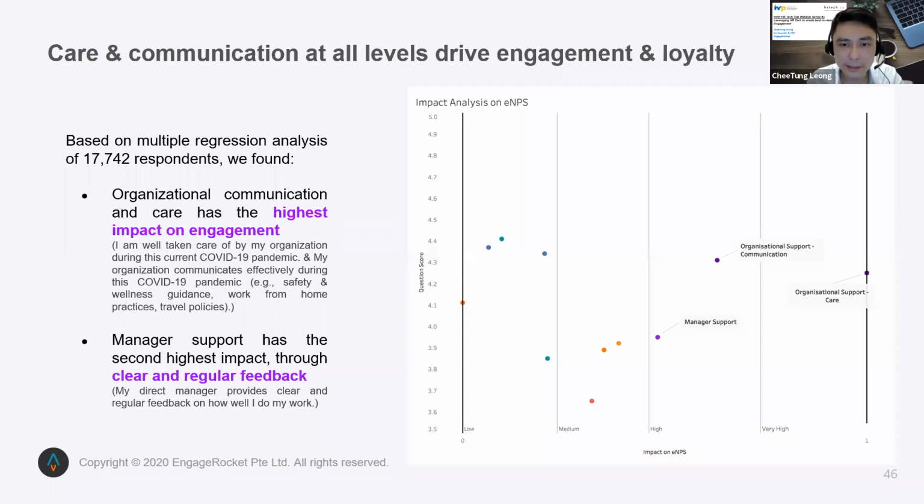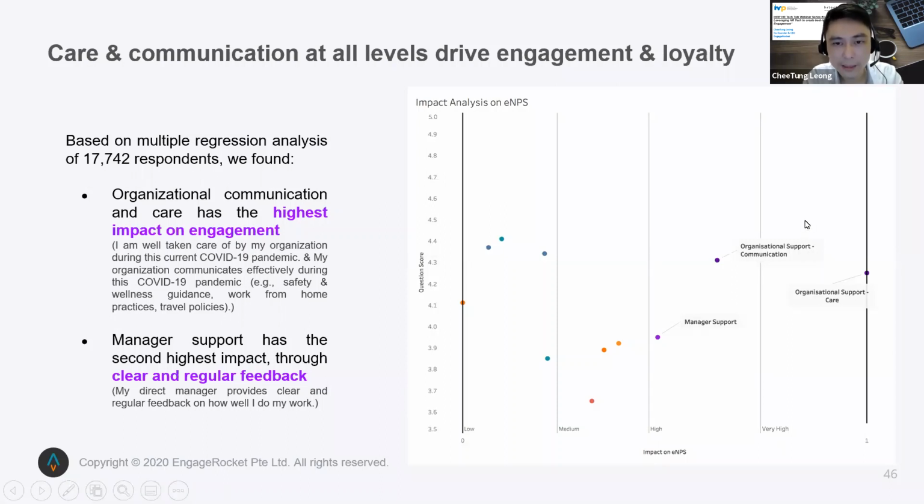On the x-axis, the horizontal scale, we track the impact on Net Promoter Score, meaning to what extent does a change in one of these questions change your employee engagement. So the higher, the more sensitive your employee engagement is to that particular factor.